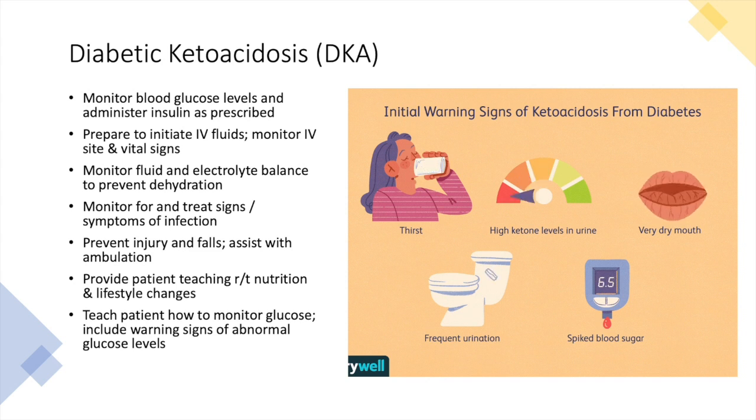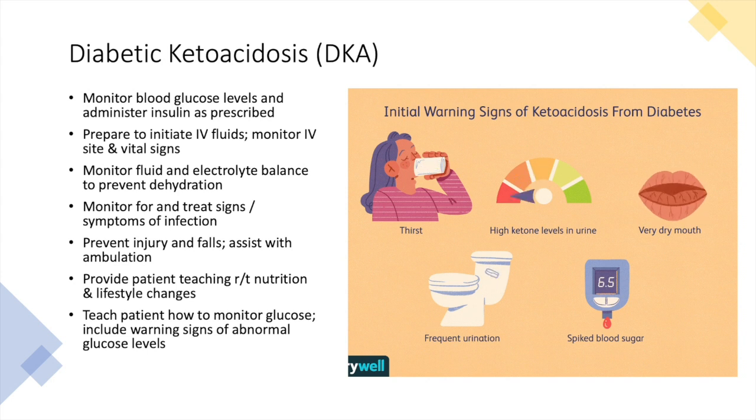Monitor these clients who are being treated for DKA because they are at increased risk for intracranial pressure, which comes with cerebral edema, which of course is life-threatening. And the priority treatment for DKA is going to be maintaining fluids because of dehydration, but also restoring electrolytes and administering regular insulin.